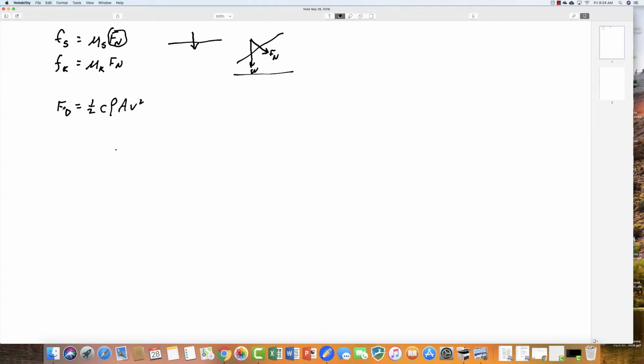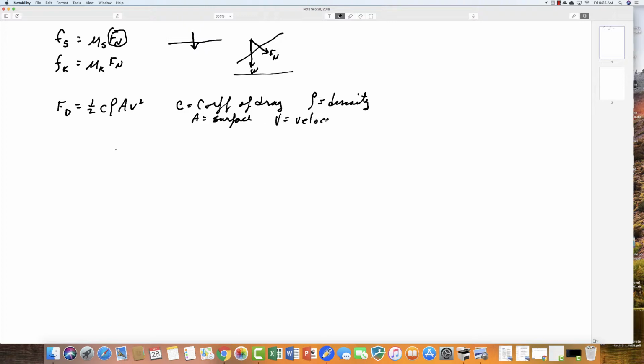So the drag force is equal to 1/2 times C rho A V squared, where C is the coefficient of drag and rho is the density of the medium which it's passing through. A is the surface area that's exposed to the medium that it's passing through, and then V is the velocity.